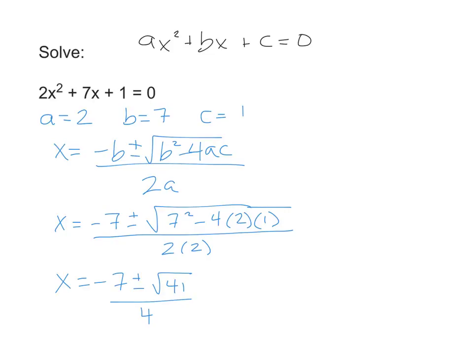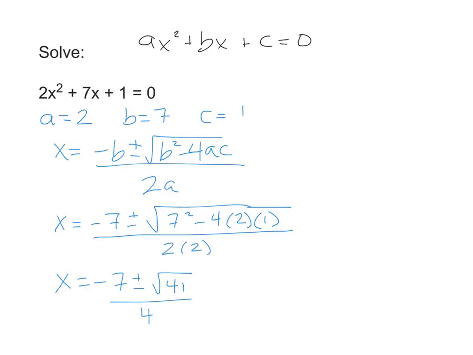So all I've done is 7 squared minus 4 times 2 times 1 gave me 41, and then on the bottom, 2 times 2 is 4. If you're asked for exact solutions, you can leave it like that. Really, it's that easy. But remember, when you're solving a quadratic, sometimes you get no solutions, or you could get 2 or 1, and most often you get 2.